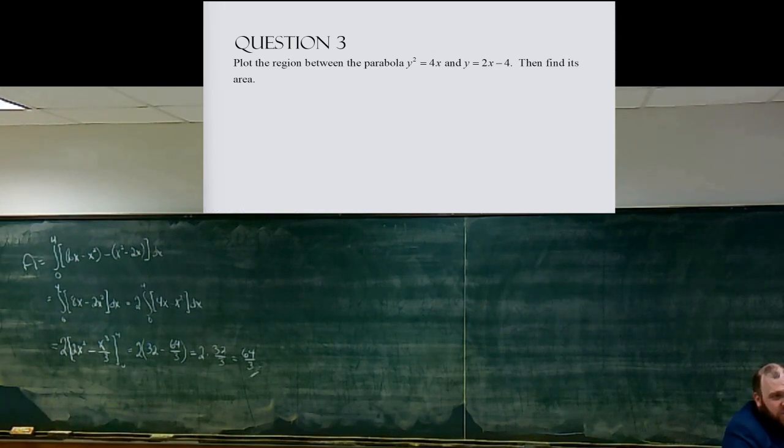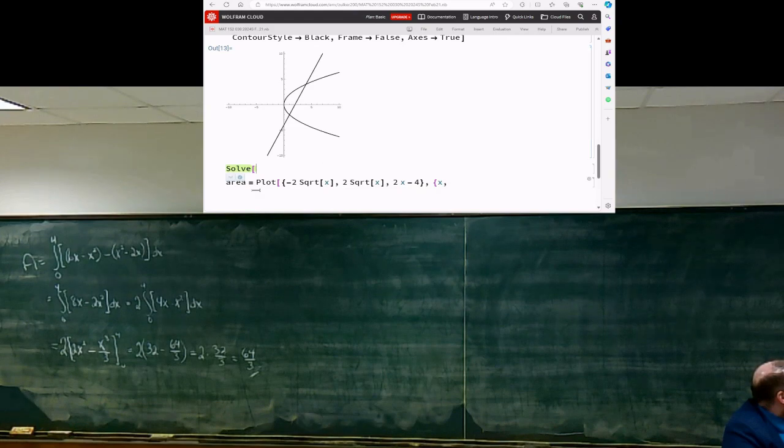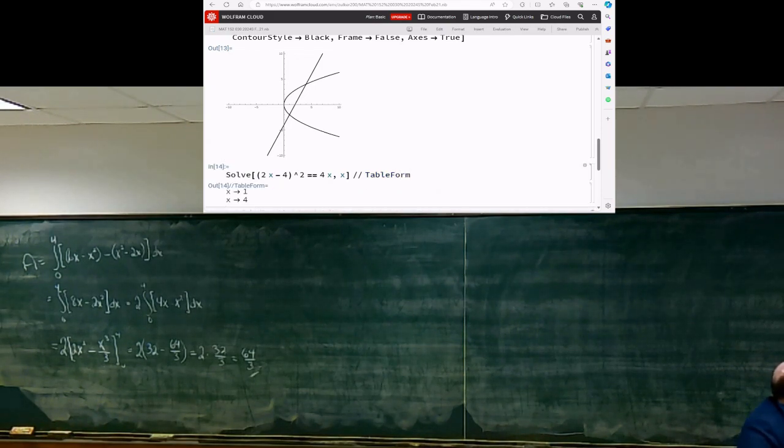One of them says y is 2x minus 4, so just square it. That gives you what y squared should be. I think that's the route I'm going to take. You get 1 and 4.